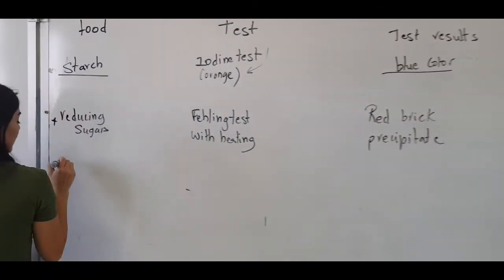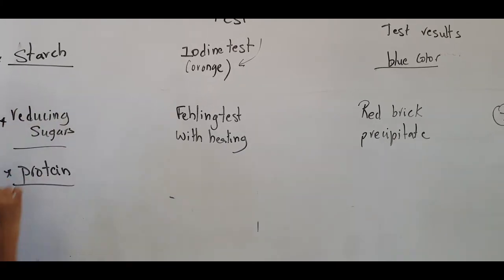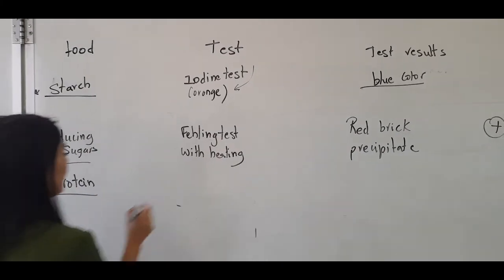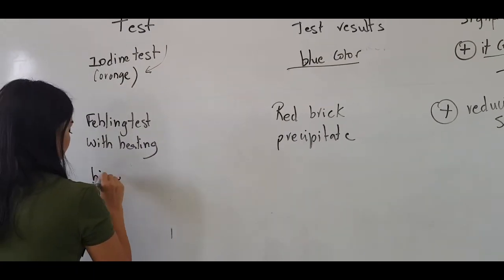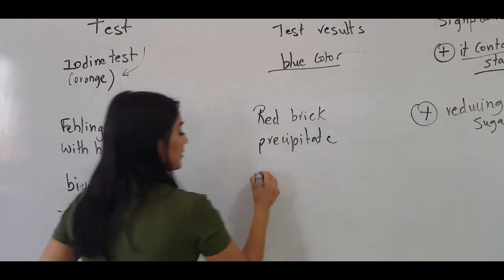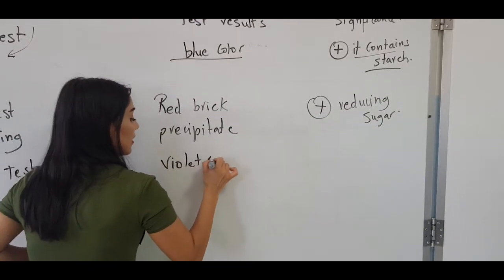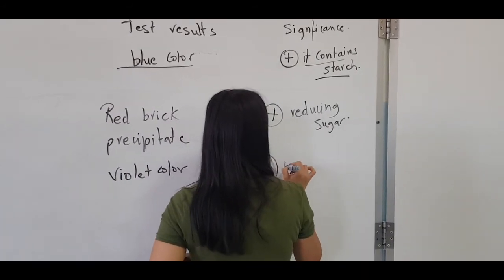Third test, we took protein. Which test I need to do in order to verify the presence of protein? It is violet test. Violet test, it gives a violet color. If it gives a violet color, it means plus, it does contain a protein.